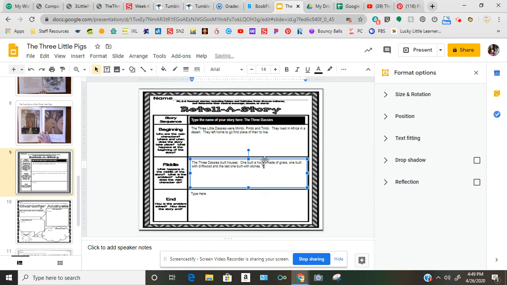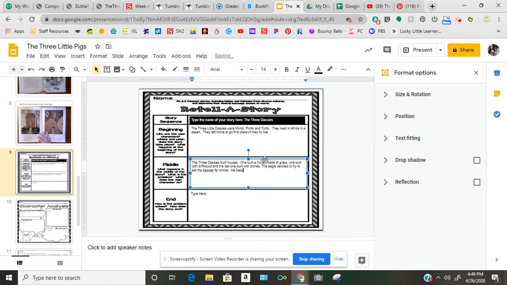Okay. The eagle decided to try to eat the dassies for dinner.